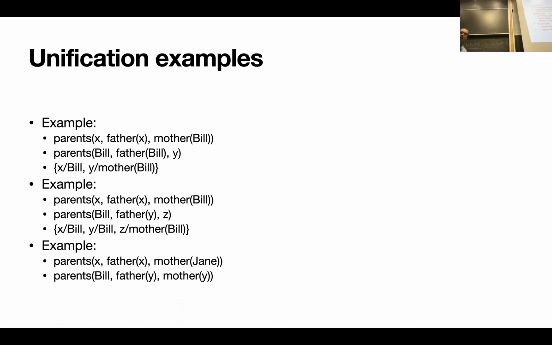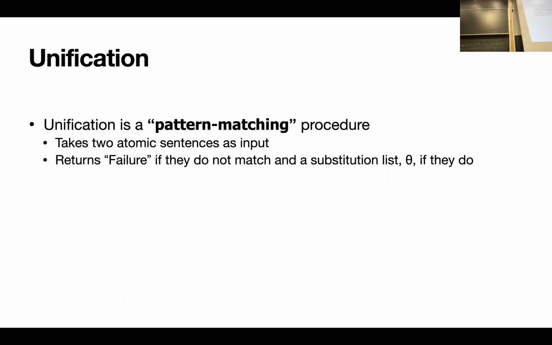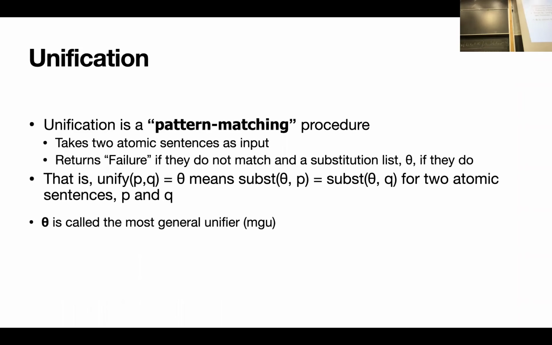In general, what we're interested in is finding the most general unifier, called the MGU. This is what we want to achieve. The most general one. We don't necessarily want this one, which is too specific, for example. This is what we mean by the most general unifier and by generality.